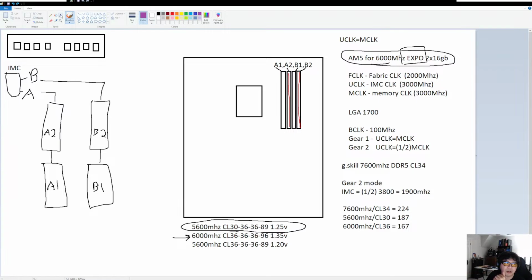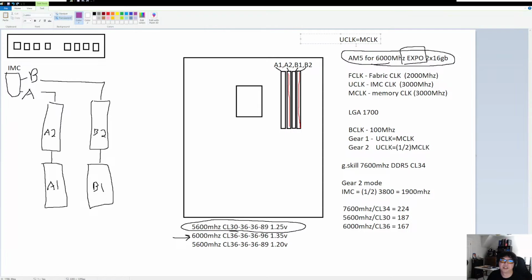If you recall the command rate, 1T is kind of like Gear 1, and 2T is kind of like Gear 2.